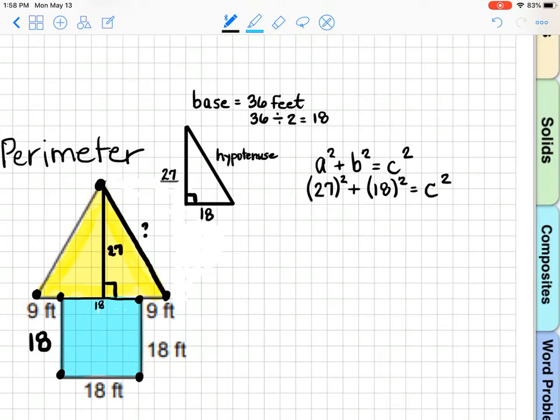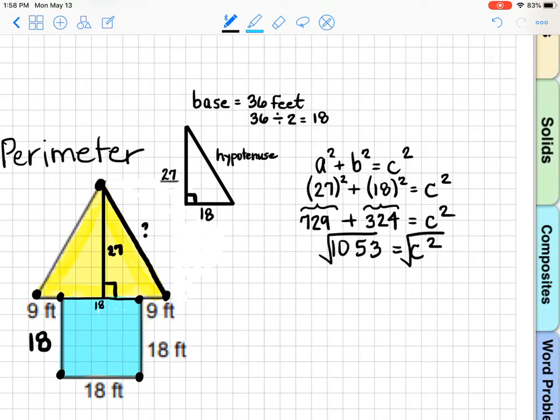That's very important. Okay, 27 times itself is 729. And 18 times itself, is that 324, I believe? Yes. And then we're going to add those two together to get c squared. So 1053 is c squared.